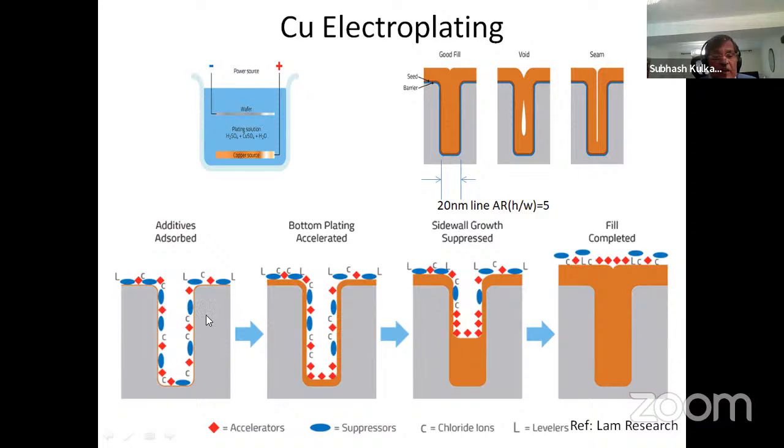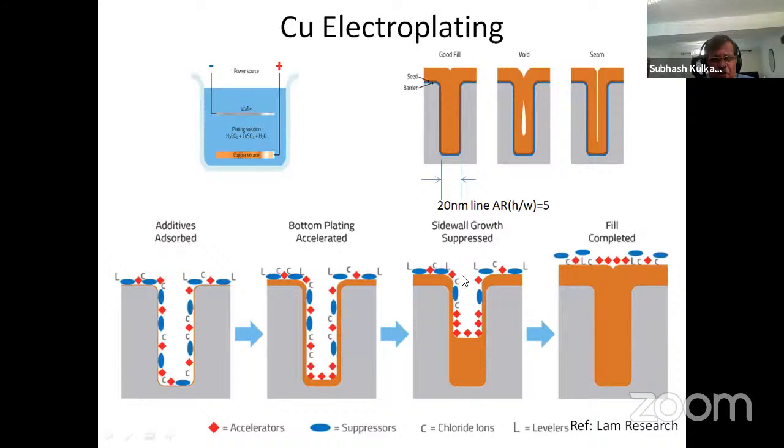So smart chemists have found solutions to this. They add something called accelerators and something called suppressors, blue and red. Those are the colors. So what are accelerators? The accelerators are the chemicals that will adhere more onto this bottom line, and then it will give you a higher deposition rate or higher electroplating rate at the bottom of the groove versus on the sidewall, so that you come up to the top halfway.